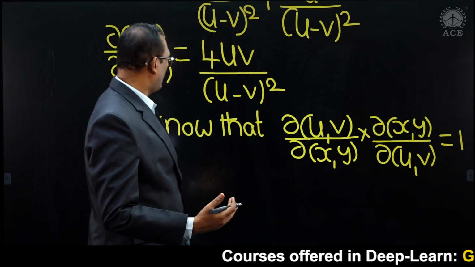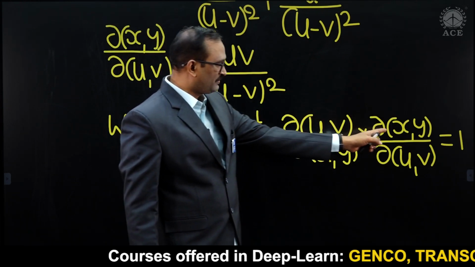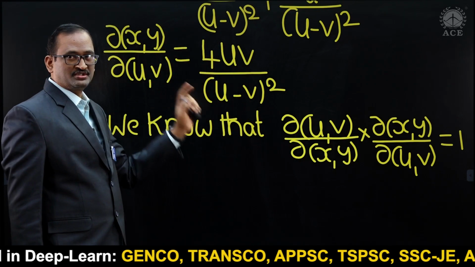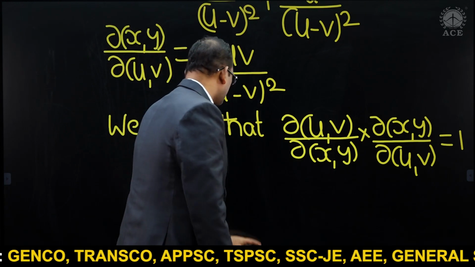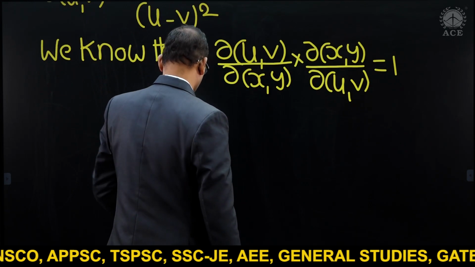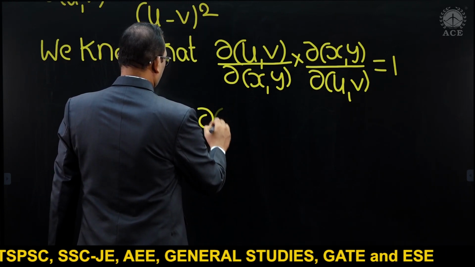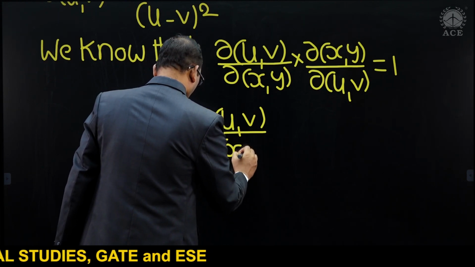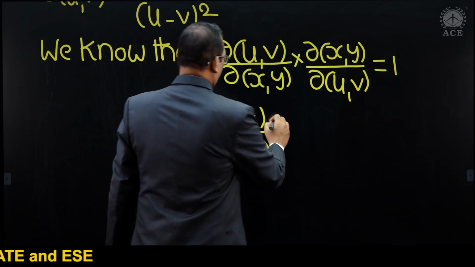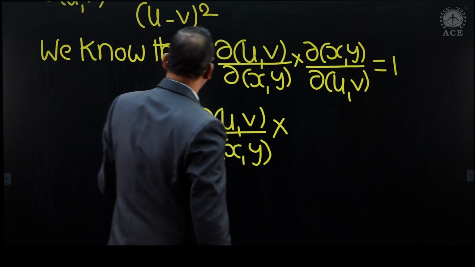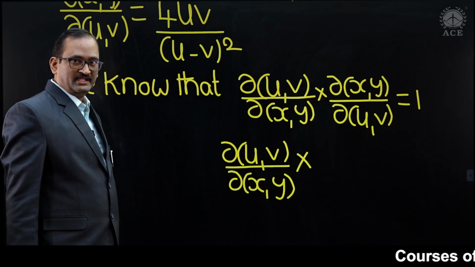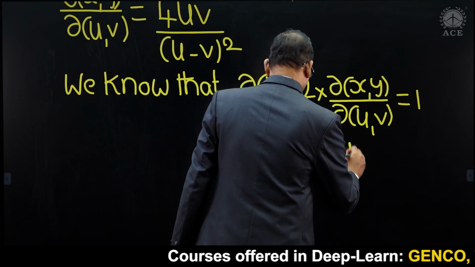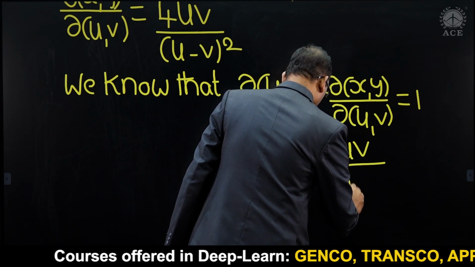Now you observe, we have already found the Jacobian of x, y with respect to u, v, that is 4uv by (u−v) whole square. So from this I can write, this is the Jacobian of u, v with respect to x, y into 4uv by (u−v) whole square.